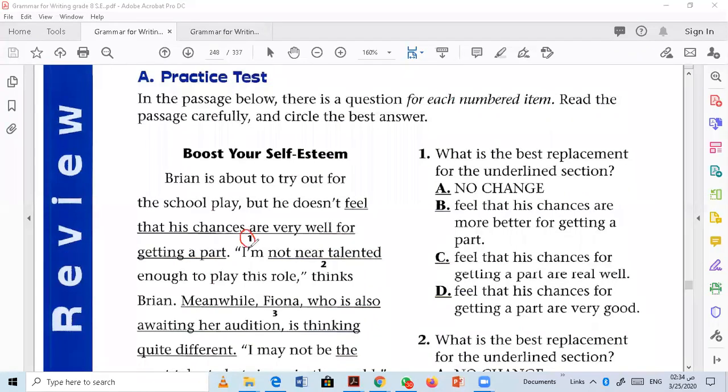For every numbered item, there is a numbered question. Numbered item 2, numbered question 2. And you need to choose one of these answers that applies to this numbered item. Let's take an example. I'll do number 1 with you, and you need to do the rest on your own as homework.